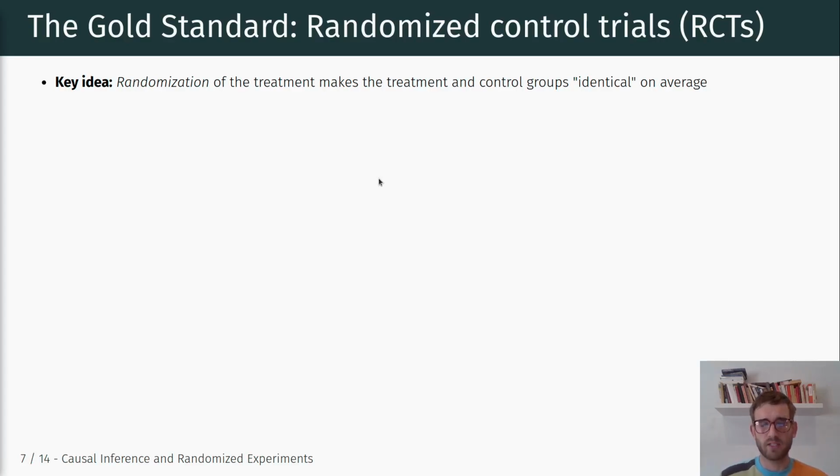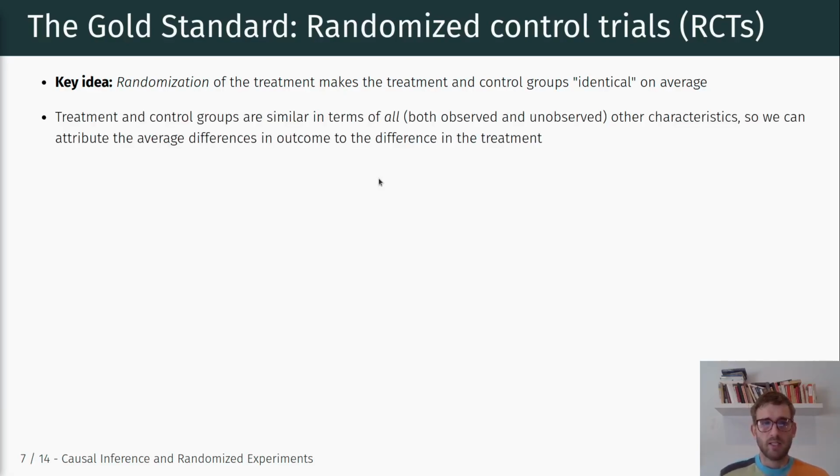If we randomize this assignment, then in expectation, the treatment and control group will be identical on all possible confounding factors, on all other characteristics that might influence the outcome or that are correlated with the potential outcomes. Okay, those should be equally distributed across treatment and control group, and by having this balance, we can ultimately attribute any difference that we observe between both groups to the intervention itself.